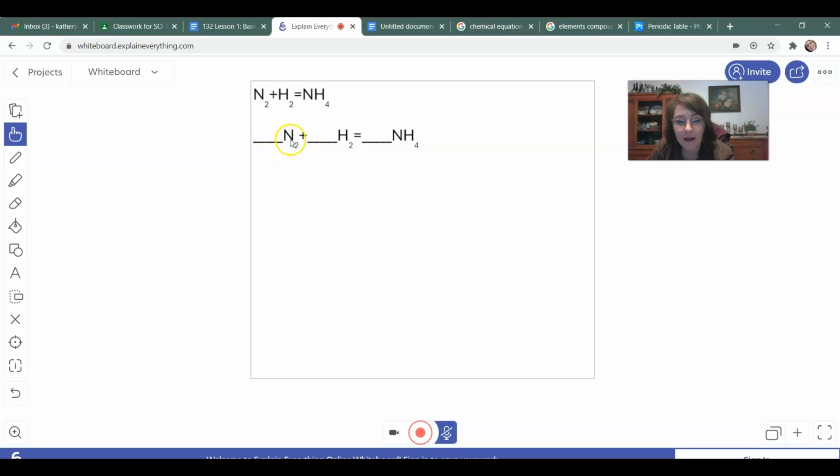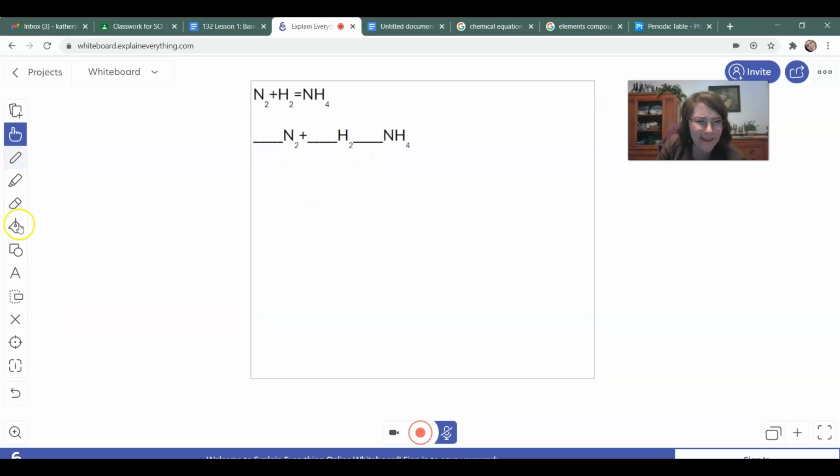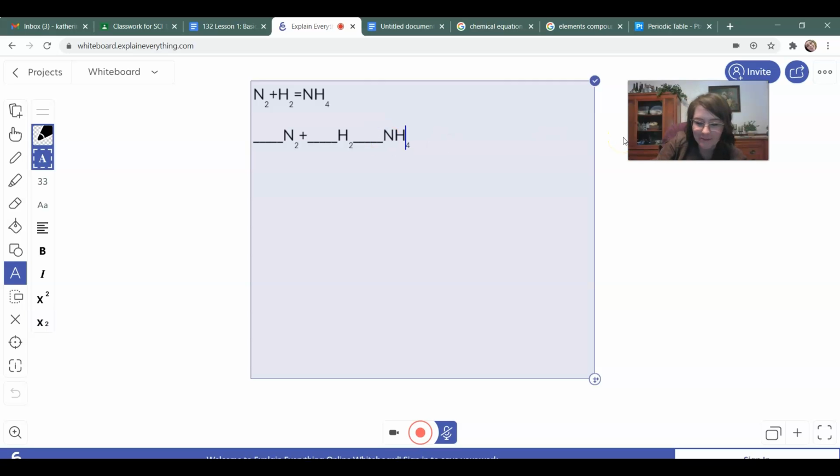So I put a line in front of N2, and then I put a line in front of H2, and then I would put equals instead of yields, but I don't know if I can go back and change it into an arrow. Okay, this is so hard.